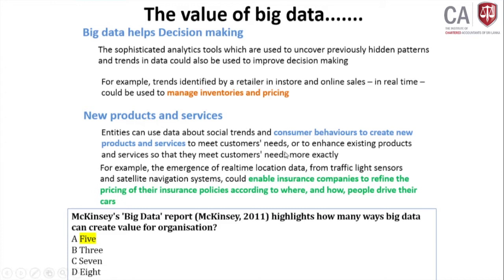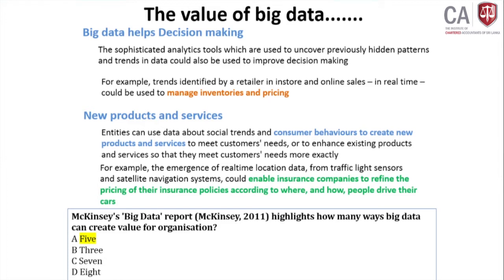As an example, big data can enable insurance companies to refine the pricing of their insurance policies according to where and how people drive their cars. If you are insuring a car which is running in some dangerous places, there is a high risk. So when you are having an insurance policy, you can do the pricing based on those data.